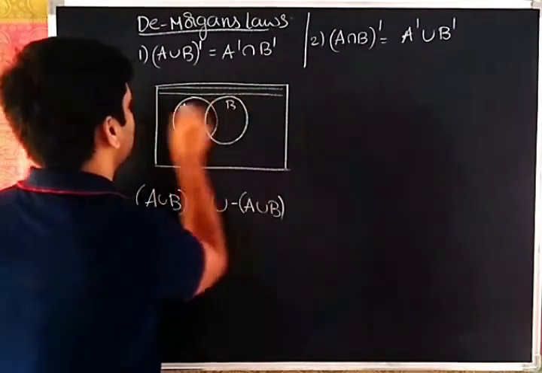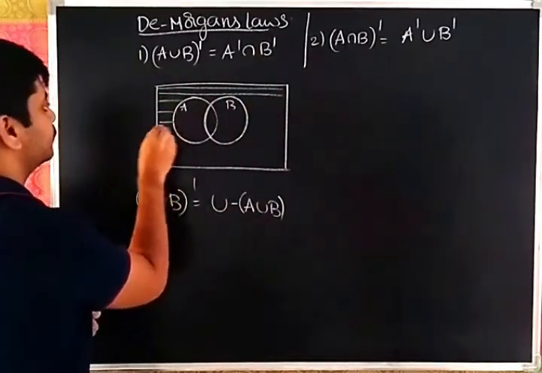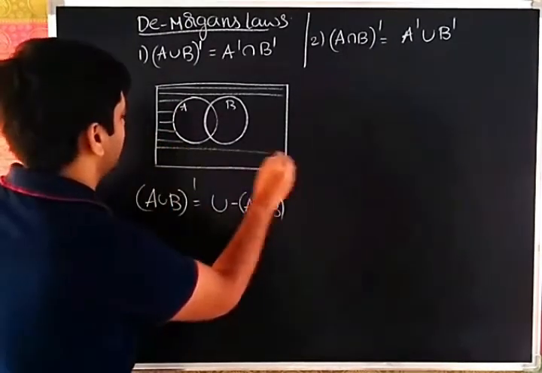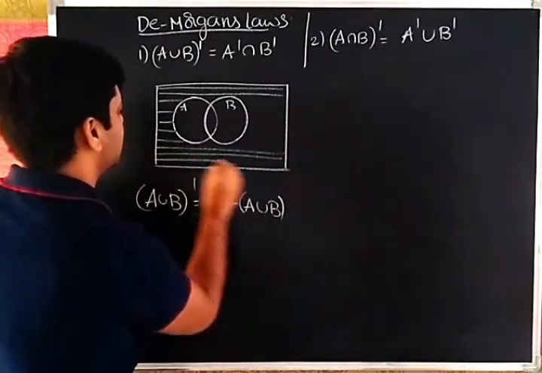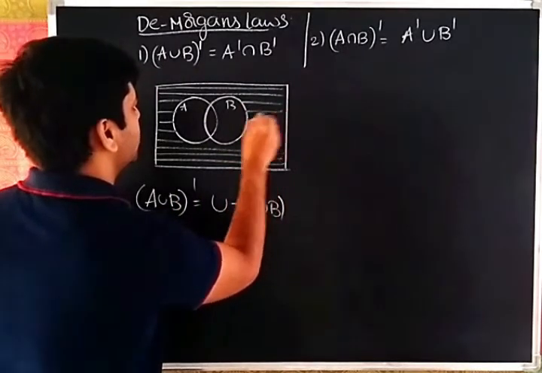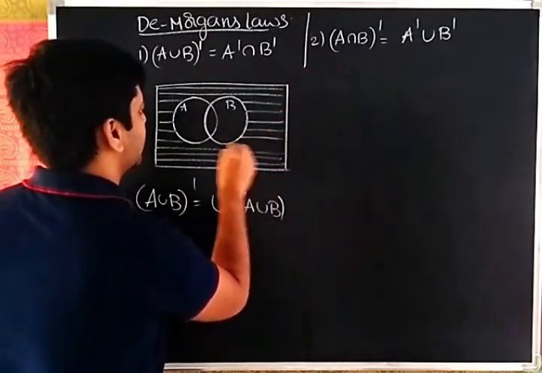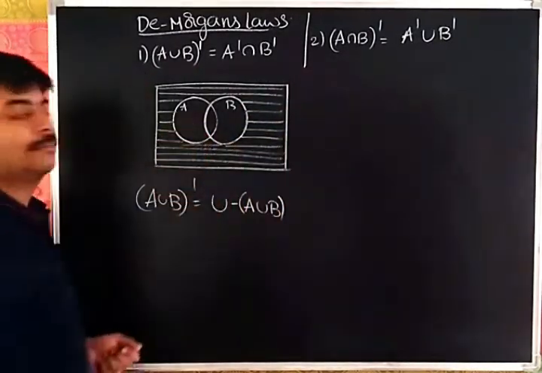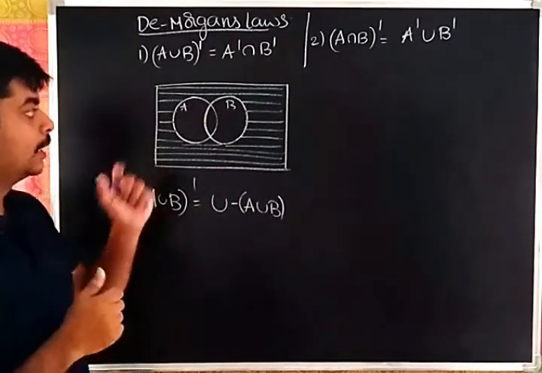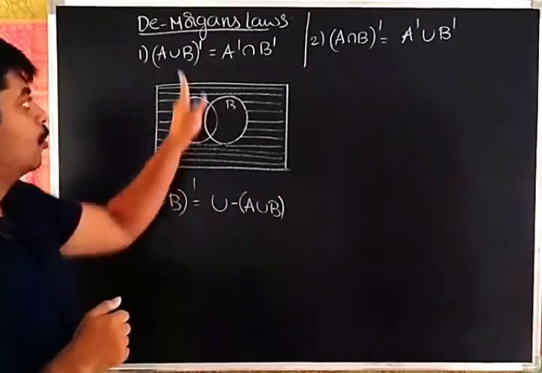A union B whole complement says you shouldn't include A and B. Not even a small part of A and B should be included in that. This is A union B whole complement.